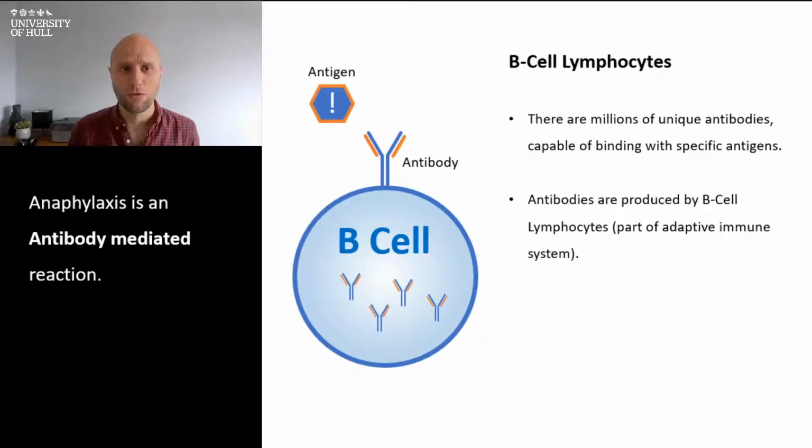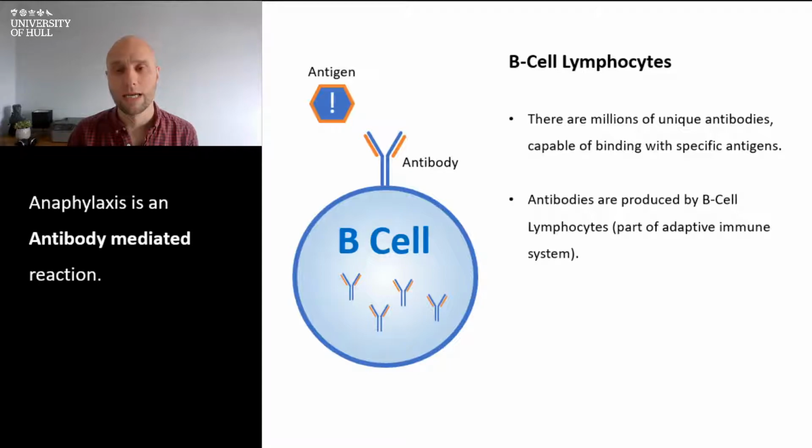One of the principal actors in your adaptive immune system is a B cell lymphocyte. There are others, notably T helper cells, but we're just introducing the most basic actors in this tutorial.